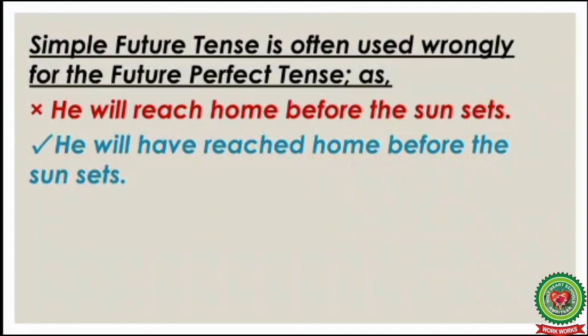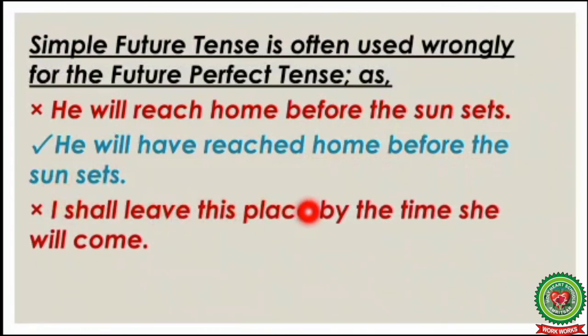Second action is sun sets. So with the first action, we use future perfect tense, and with the second, we use the simple present. And children, keep in mind that in one sentence, we don't use will or shall two times. So the correct answer is he will have reached home before the sun sets.